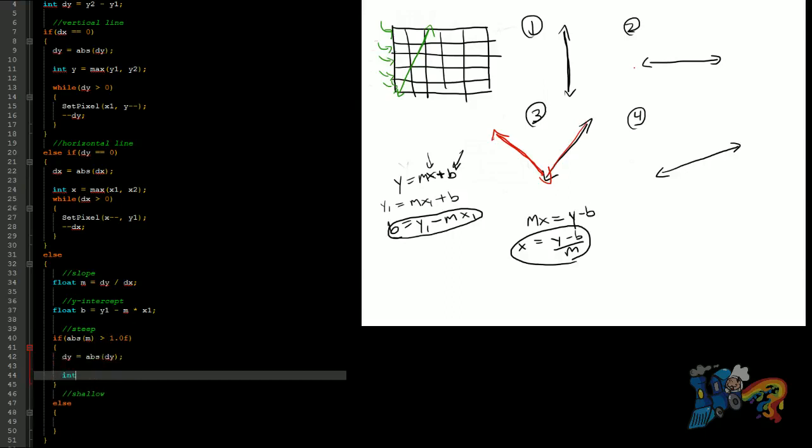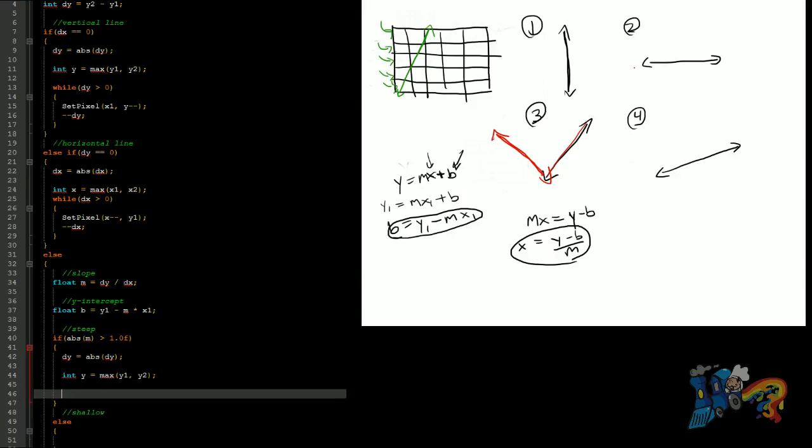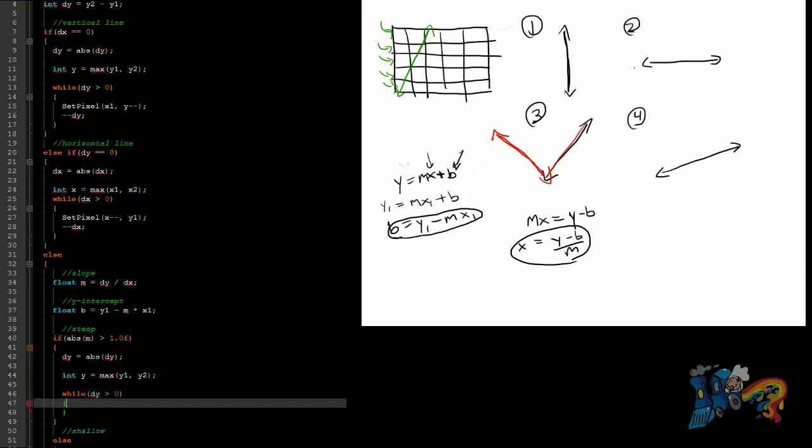Our y value is going to be equal to the maximum, forgive me, not the absolute value, the maximum between our y's. And then we're going to loop dy times.